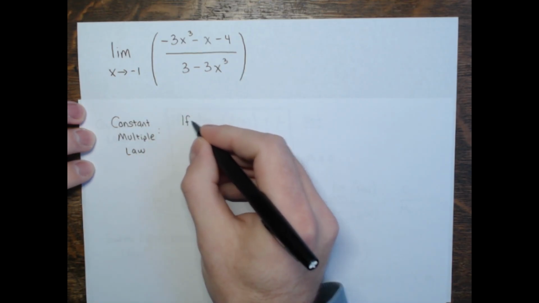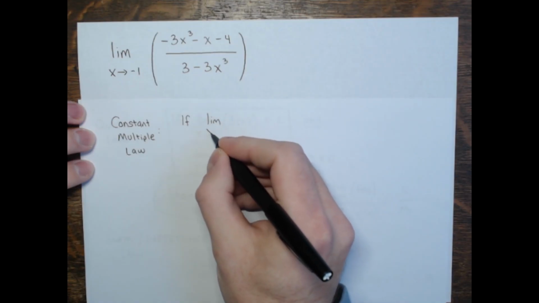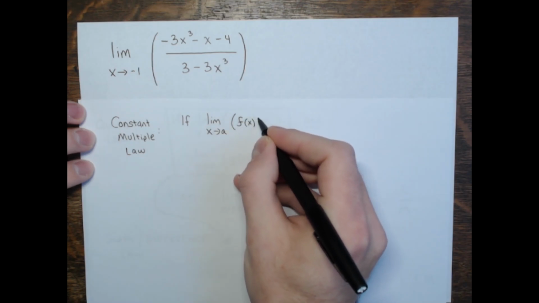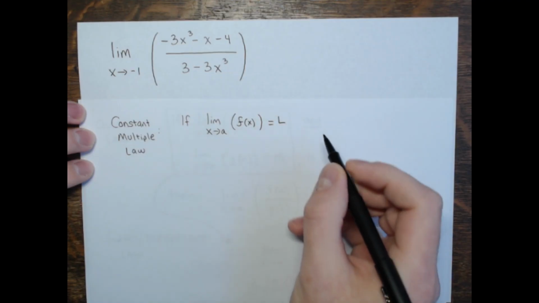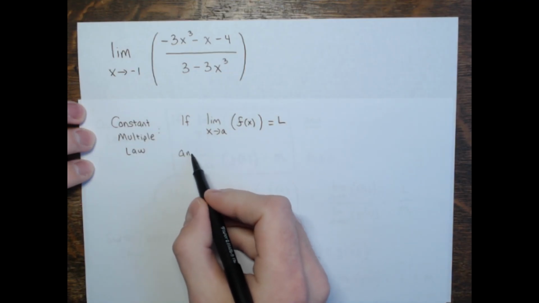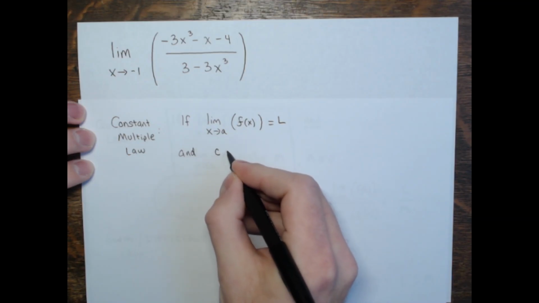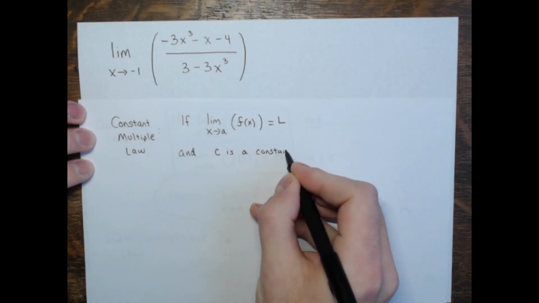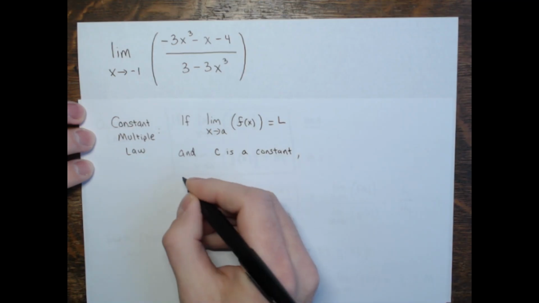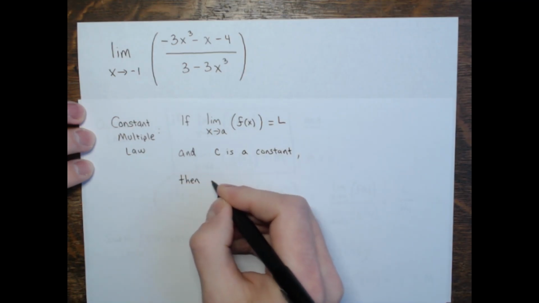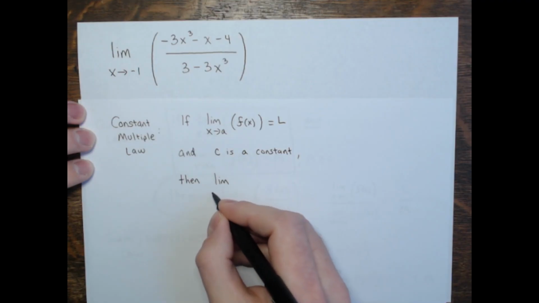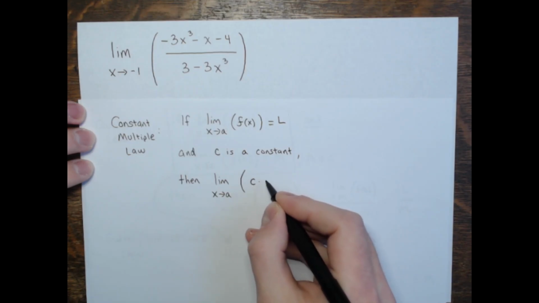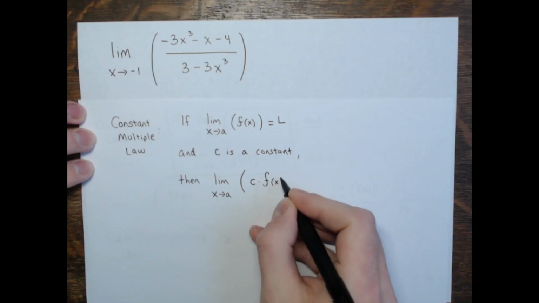So again, if the limit as x approaches a of some expression called f exists and is L, and say c is just some number, a constant, then consider the limit as x approaches a of some constant multiple of our original function.